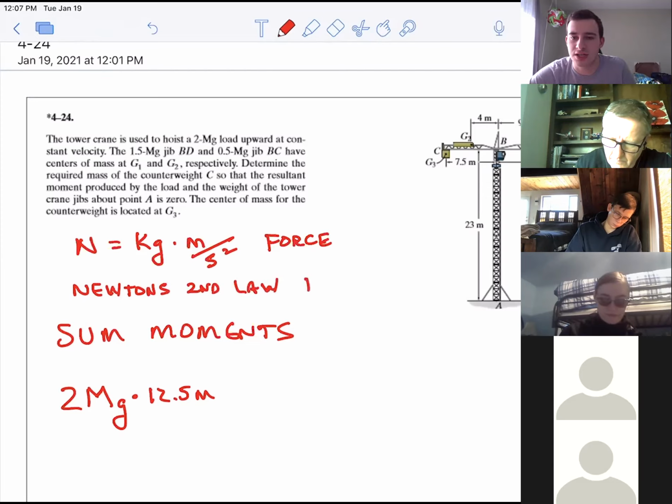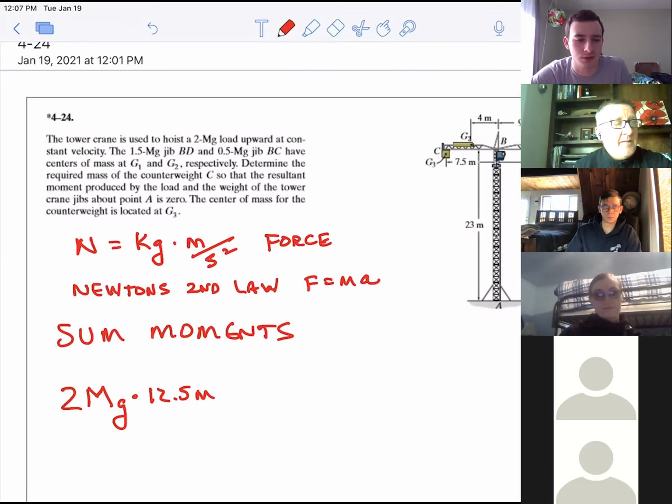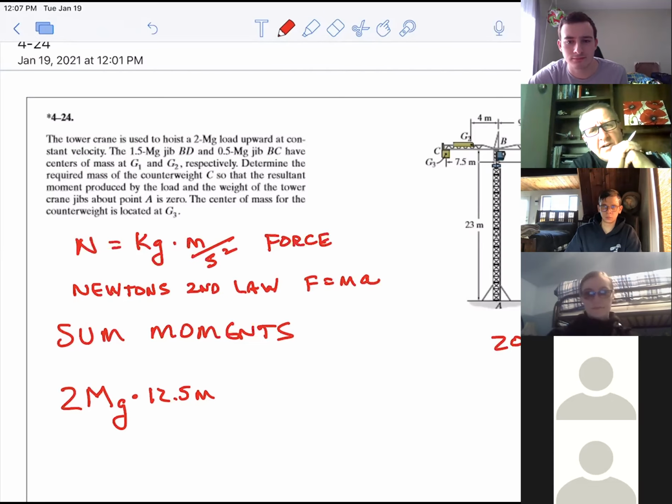Multiplied by g, the acceleration due to gravity. Exactly. Newton's second law says force equals mass times acceleration. So I've got to take 2,000 kilograms times, what's the acceleration of gravity in metric?